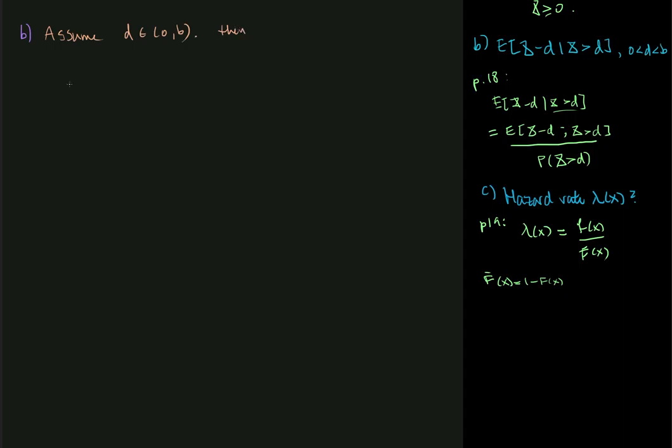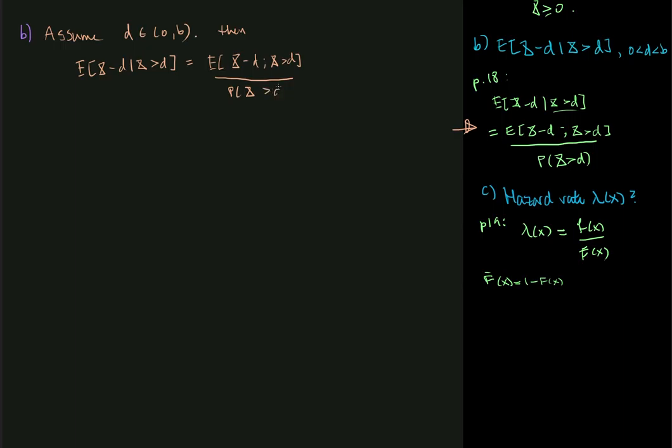And then the mean of x minus d, given that x is greater than d, is given by, according to the formula on page 18, this. I know that this is actually not what's in the formula on page 18. What's in the formula on page 18 is vaguely different from this, notation-wise.